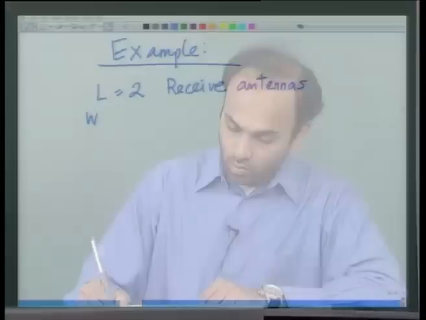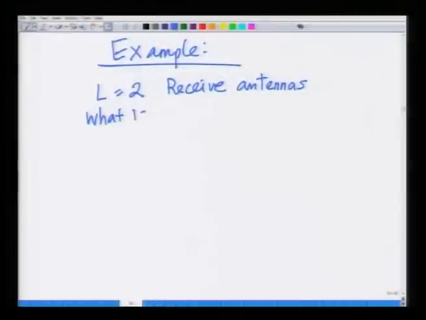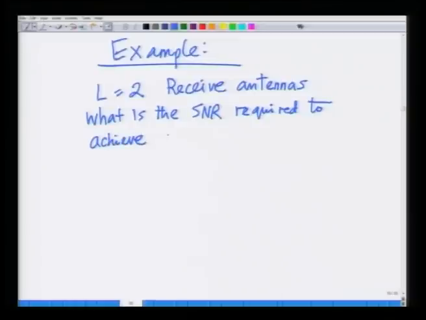All right. For L equals 2, let me write down the question: what is the SNR required to achieve a bit error rate of 10 power minus 6 in this wireless system with 2 receive antennas?